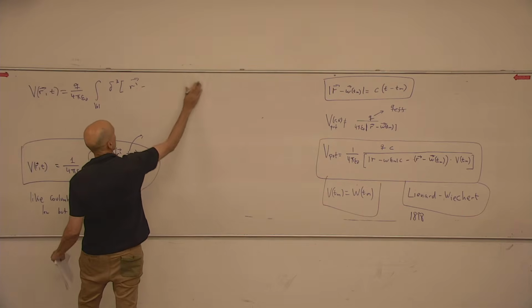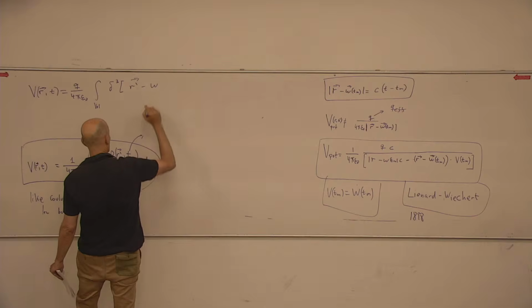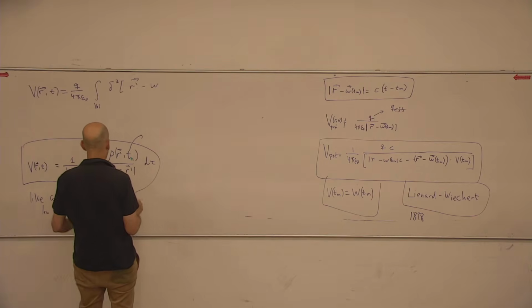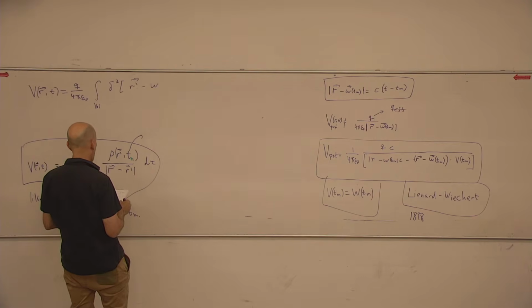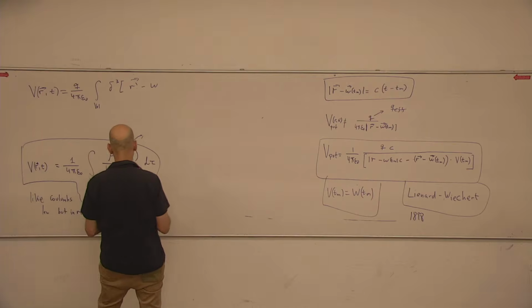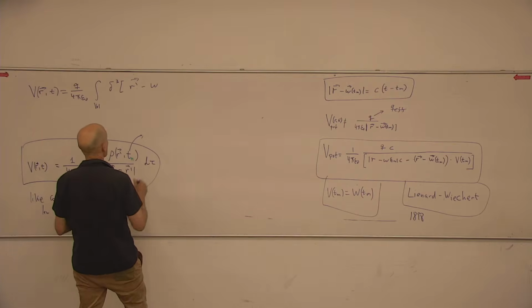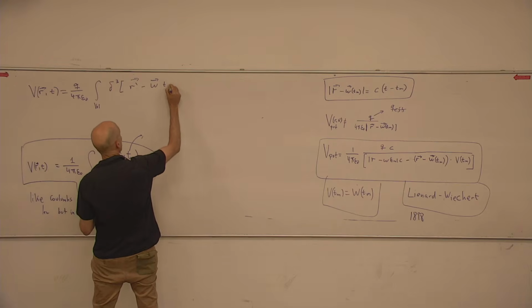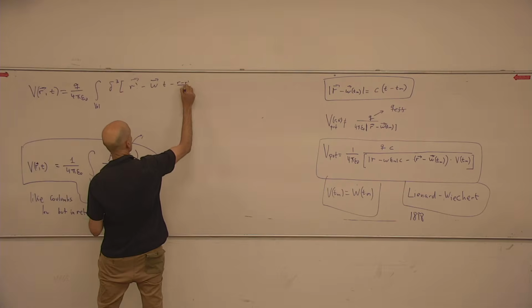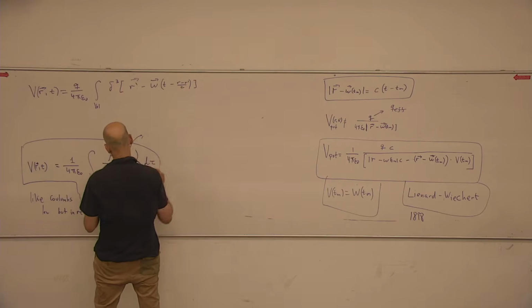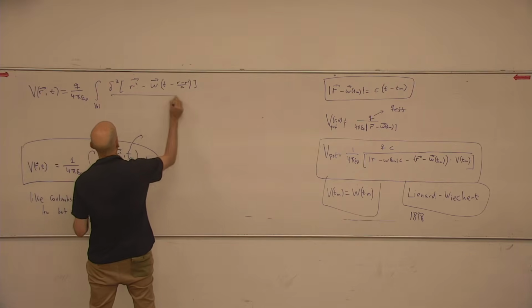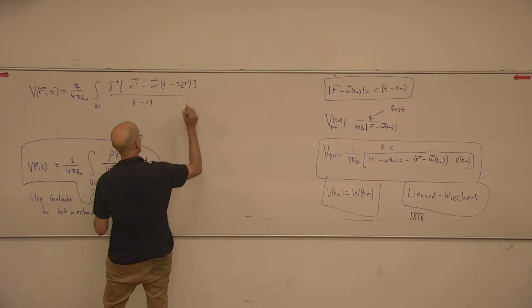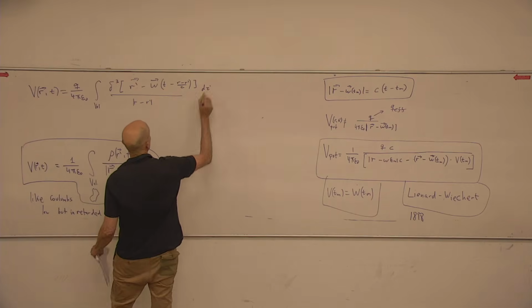minus the trajectory, r minus r prime, d tau. So what did I write here?